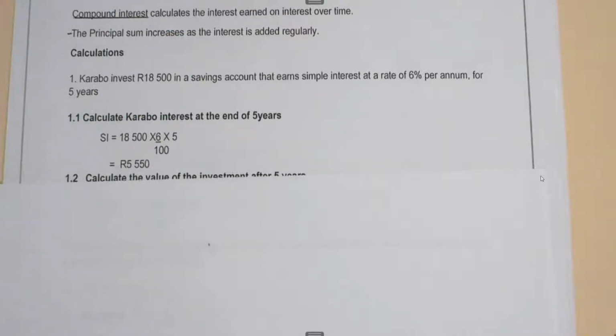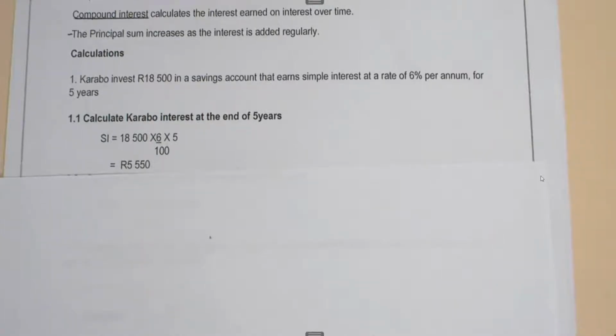When we take our calculators and multiply 18,500 by 6/100 times 5, at the end of the day we get a simple interest of 5,550. Meaning in 5 years' time, Karabo will be in possession of an interest of 5,550. Remember, this is just the interest, because the question only asked about the interest.